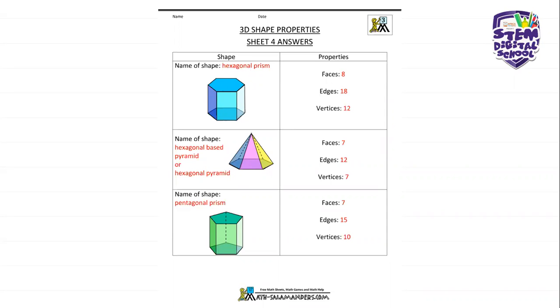Remember that the hexagon is a 6-sided figure. There are 2 of those joined together to form a prism. So in this case, we have something called a hexagonal prism, which has got 8 faces.